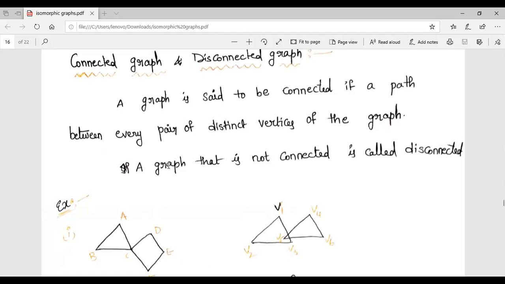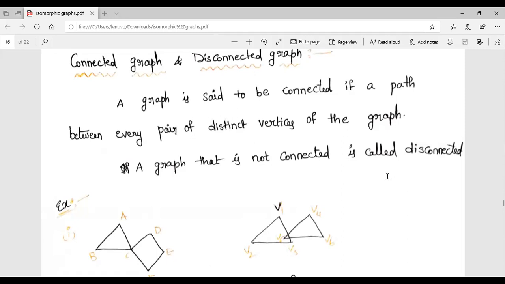So if I consider any two vertices in a given graph, and the two vertices have a path, meaning there is an edge between those two vertices, then we say that the given graph is a connected graph. Otherwise it is disconnected. A graph that is not connected is called disconnected.